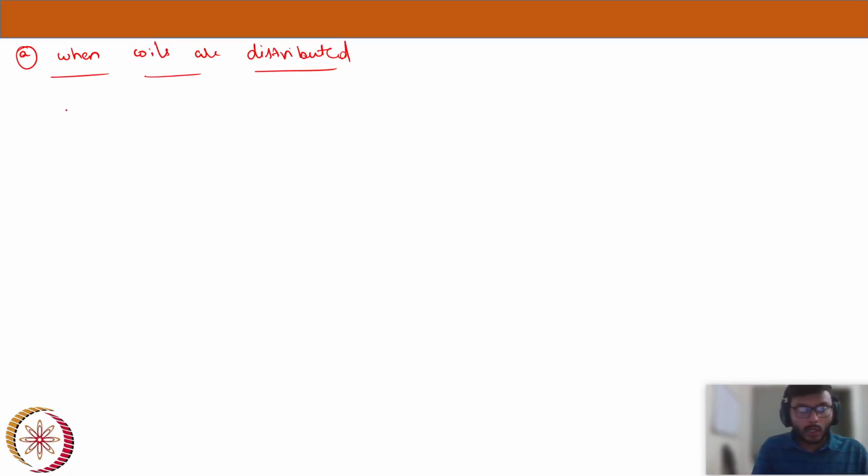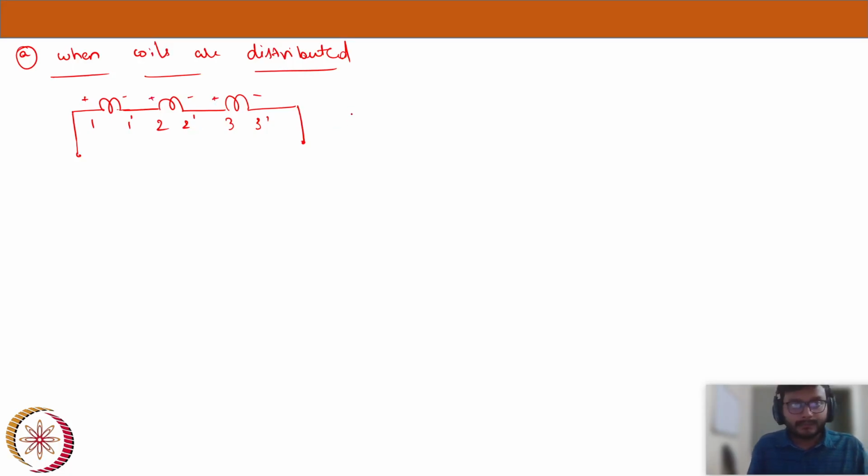So I'm just drawing the circuit connection, not the phasor connection. Let's say this coil 1 is in series with coil 2, which is in series with coil 3. So this is 1 1 dash, 2 2 dash, 3 3 dash, plus minus plus minus. It's in series, no?